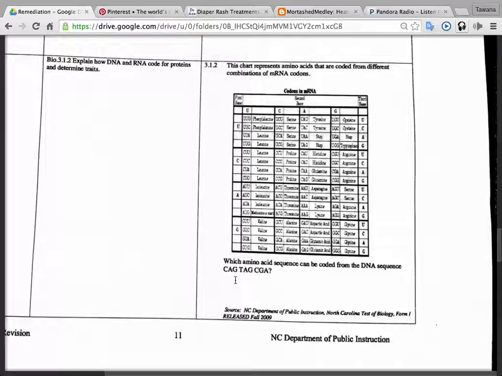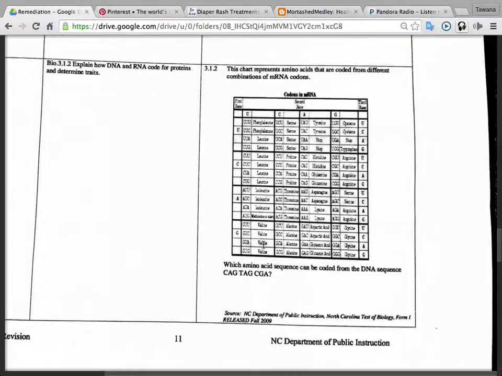Okay. Good. So the first thing she had to do was code it into mRNA because these are the mRNA codes. And then once she did that, you can erase that. She got valine, isoleucine, and alanine. Good. All right, let's have the next person.